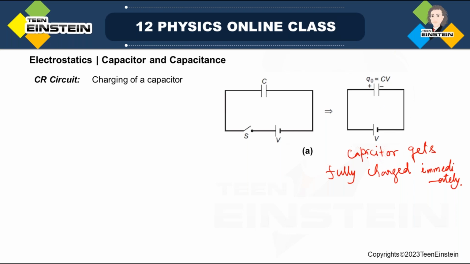There will be no time lag. Suppose the capacitance is C for the capacitor, and the total charge which will be stored in the capacitor will be Q0 is equal to C into V. So this is the situation when there is no resistance.